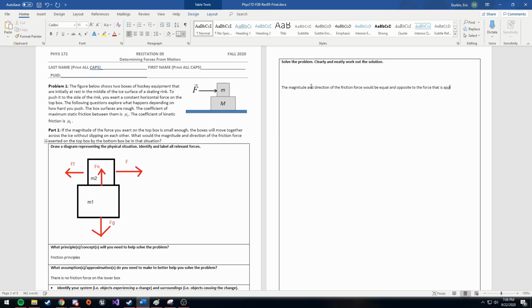Yeah, that makes sense. Wait, did you say it would be equal to, or less than or equal to? Equal, directly equal to. Can't it be? Oh wait, no. Frictional force or greater?